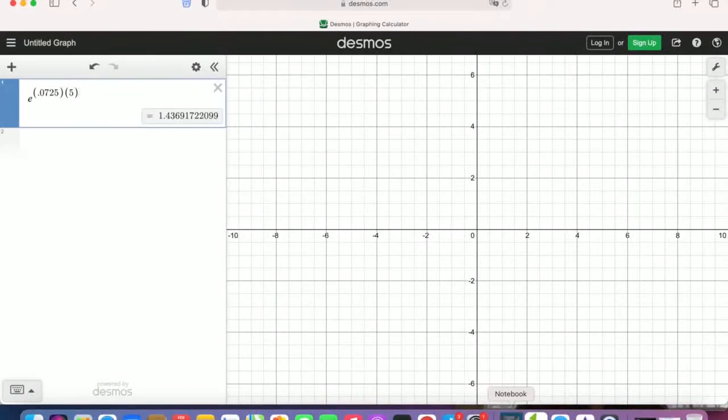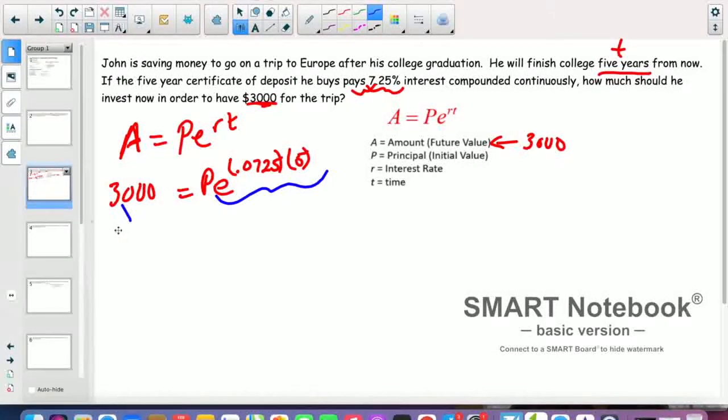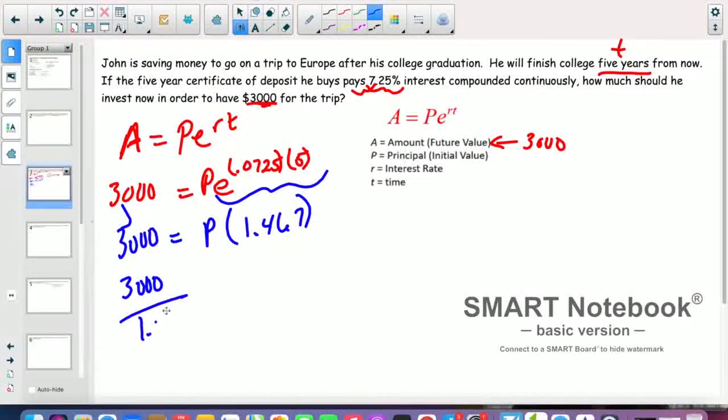So I'm going to go back. So I have 3,000 equals p times 1.437 when I round to 3 decimal places. And then if I do 3,000 divided by that 1.437, I will get my principal amount.